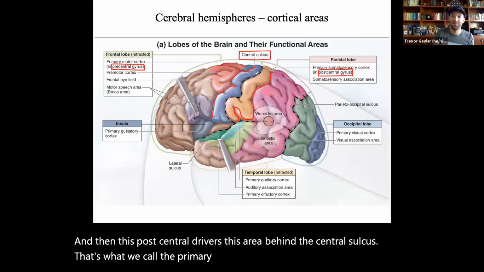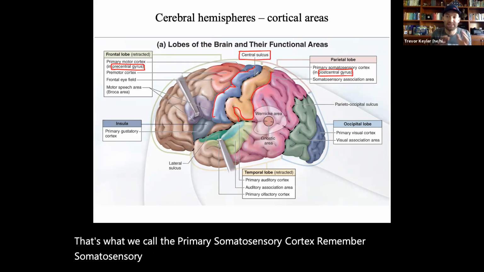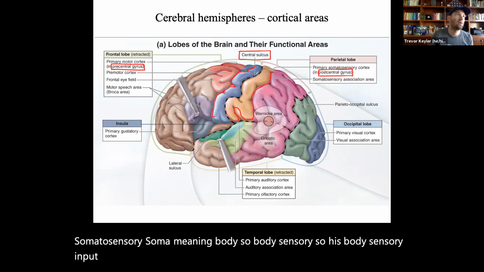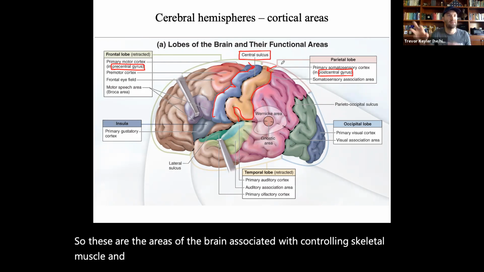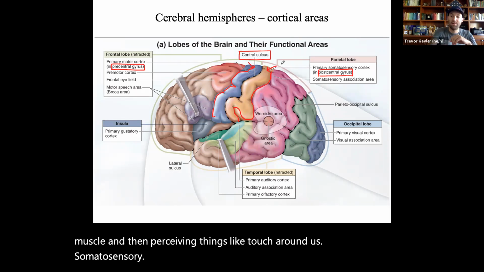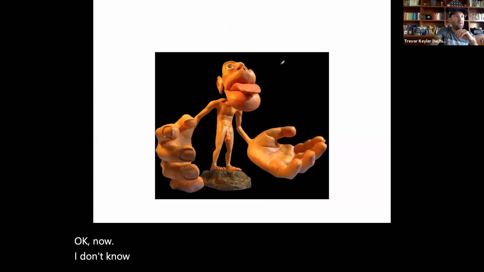Remember, somatosensory, soma meaning body, so body sensory. So this is body sensory input, again, like touch. So these are the areas of the brain associated with controlling skeletal muscle and then perceiving things like touch around us. Somatosensory.